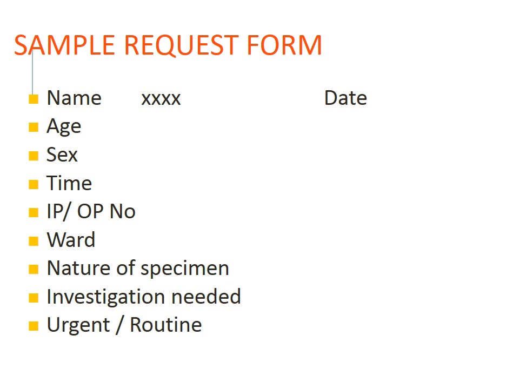Then the nature of the specimen to be collected, either tissue or body fluids, and what investigations have to be done with the samples. And next, whether the investigation is urgent or routine. These things should be mentioned in an ideal sample request form.